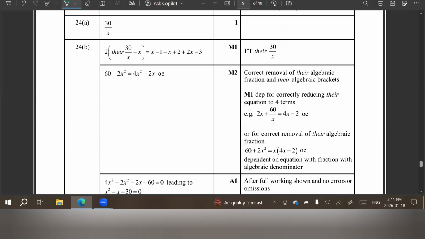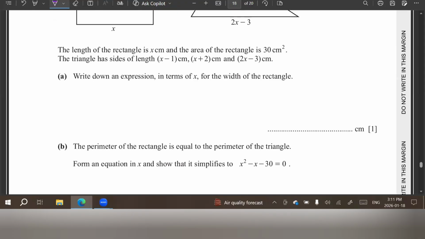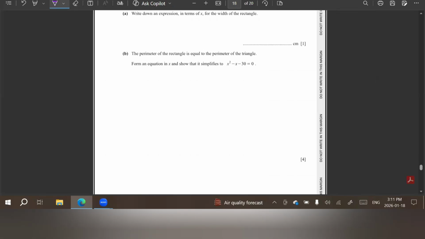Okay, then we have the next part. In the B part, it says the perimeter of the rectangle is equal to the perimeter of the triangle. Form an equation in x and show that it simplifies to this. The perimeter of both these diagrams is the same.